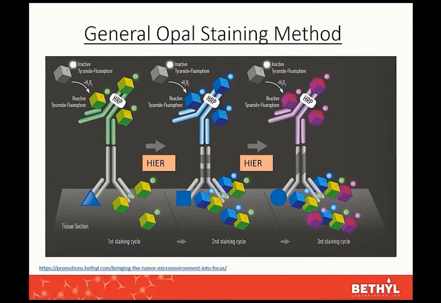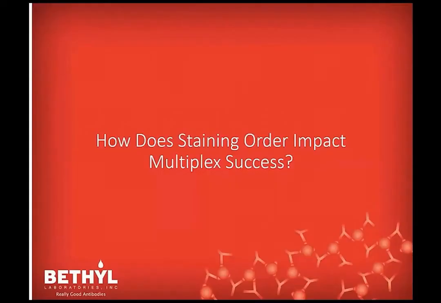So for example, should the primary go in the first staining cycle versus the second or the third or the fourth or fifth staining cycle? So what are the ways that the order impacts your multiplex success? So how does the order of staining impact your time to get a complete panel build, and how does it impact how your multiplex panel actually performs?